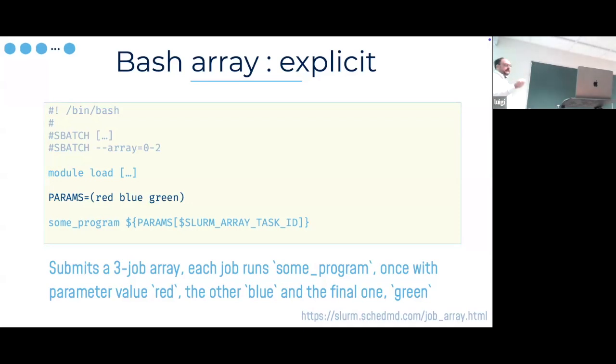So the first item is item 0. Params with the parentheses creates an array. So params 0 is red, params 1 is blue, and so on. And so some program will be run thanks to this syntax in the 3 different jobs with the 3 different values, red, blue, and green. Okay, is that clear for everyone?